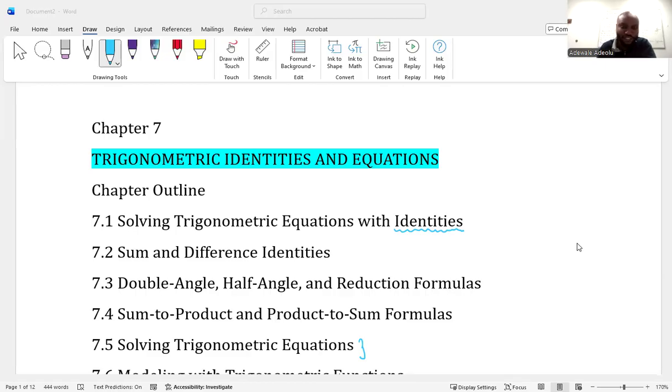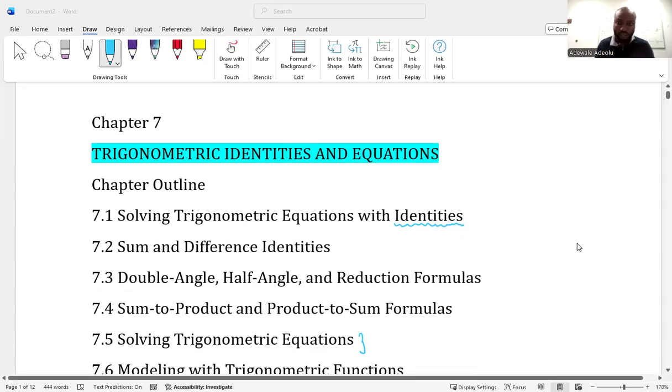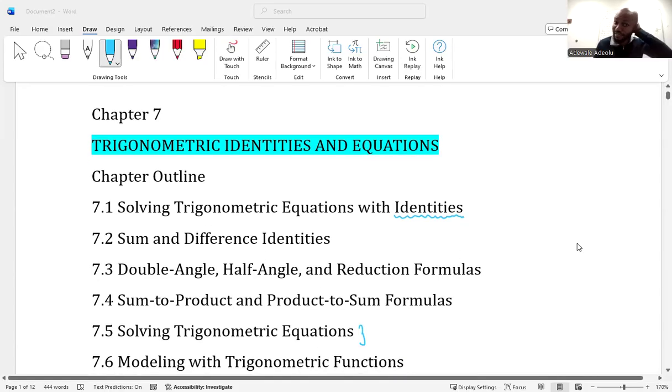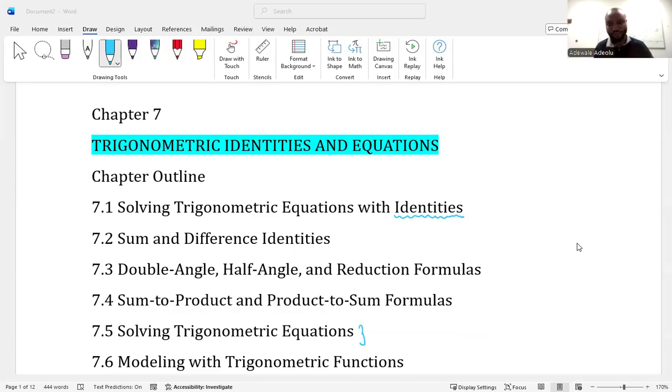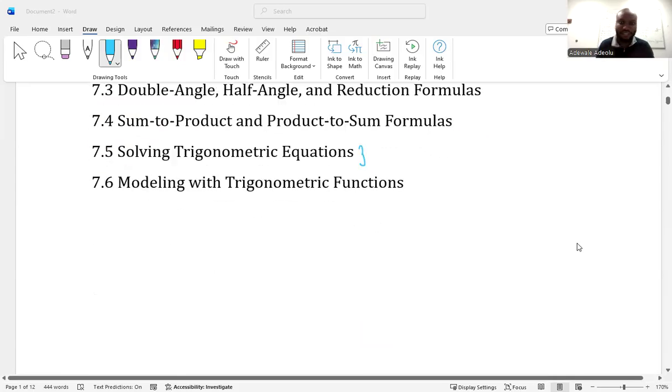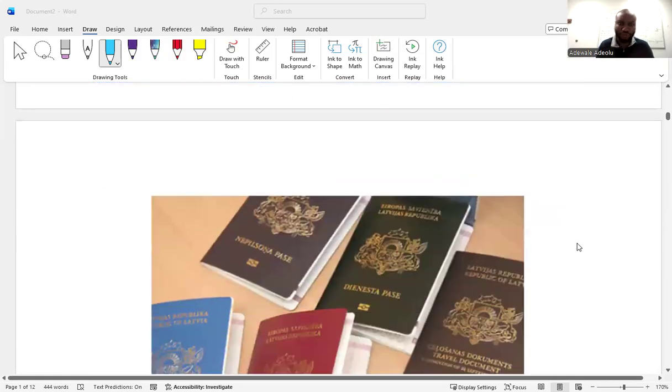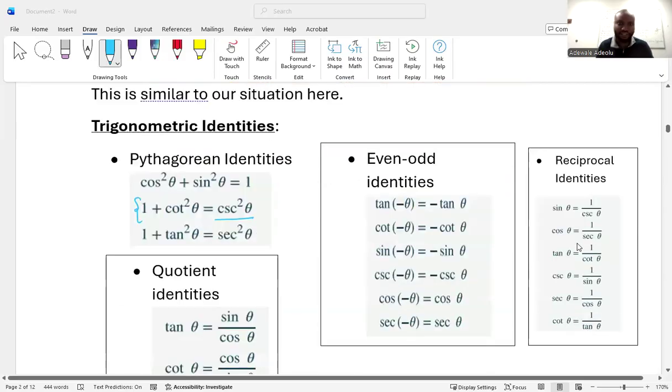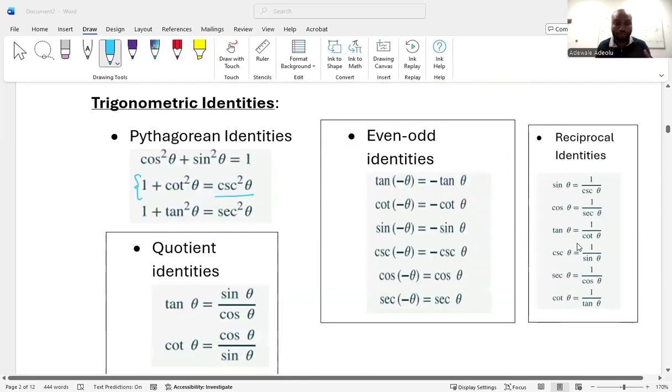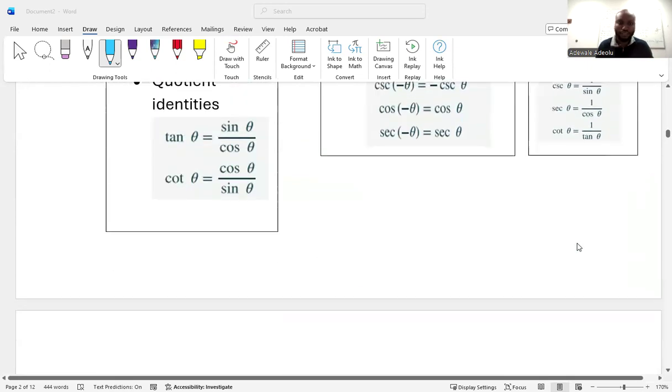So, in my last video, I started talking about trigonometric identities and equations. So far, we have looked at how to verify identities and how to create identities using all these basic trig identities that we learned before now.